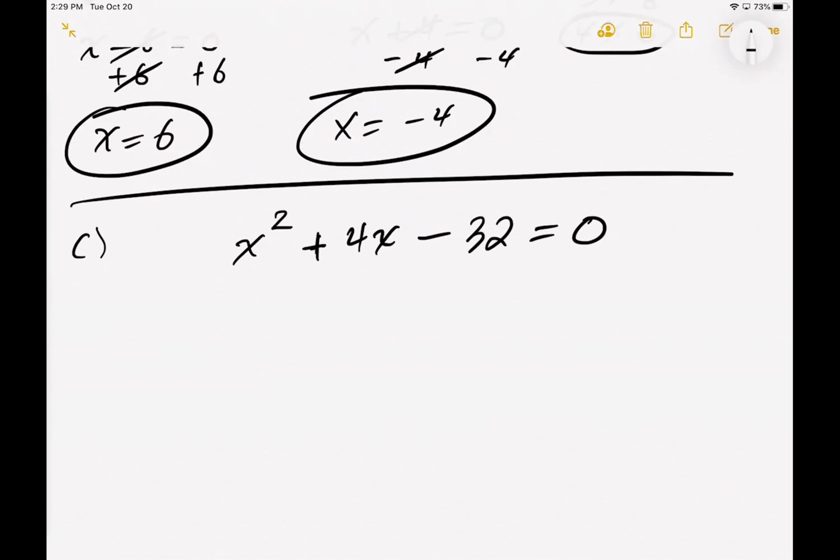And when you see this equal sign, you should have in mind that we need to solve. If not, the direction will tell you to solve by factoring.